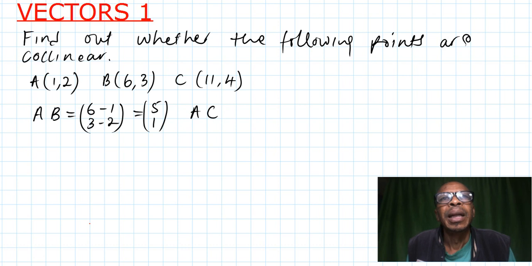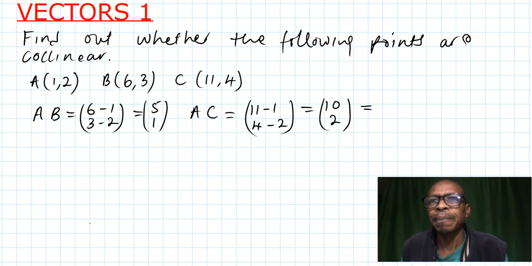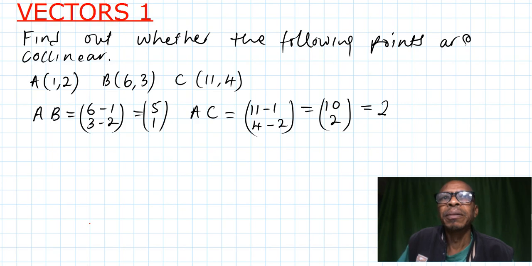AC is equals to 11 minus 1 and 4 minus 2. This will give us 10 and 2, which we can write by factoring out 2, and we are left with 5, 1.